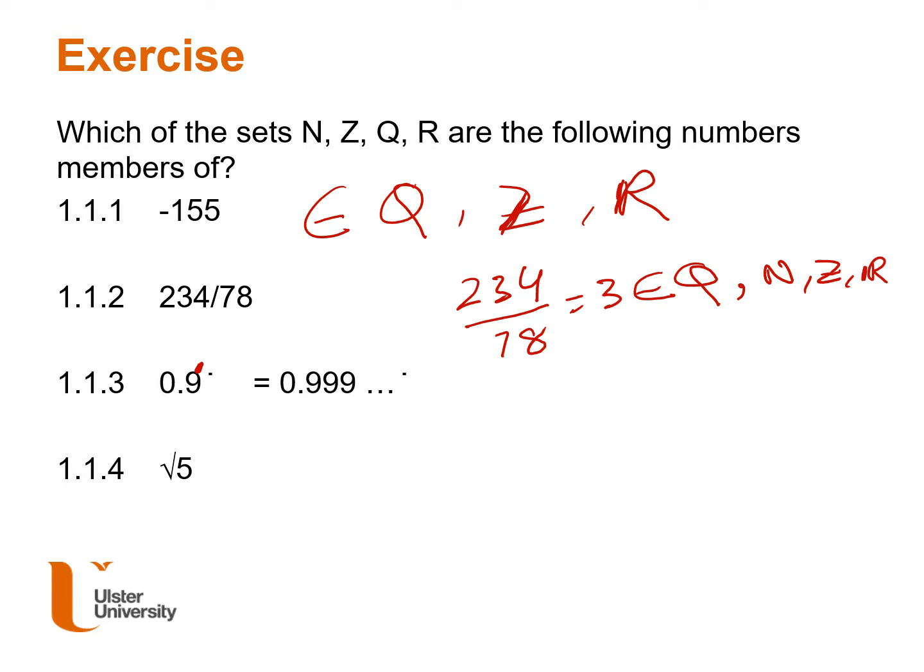So we know that 0.999... is equal to 1, and 1 is an element of the natural numbers, integers, real numbers, and of course rational numbers. The next one is the square root of 5, which is an element of the real numbers. Remember, the square root of a non-square number is not rational.